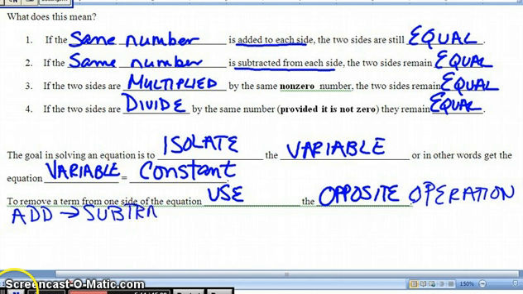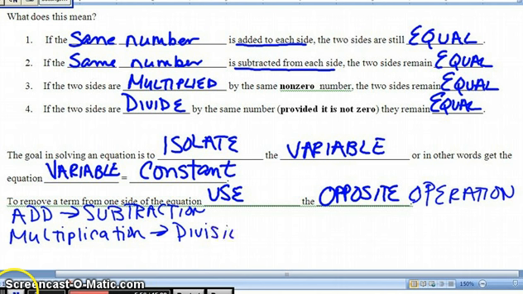The opposite operation of multiplication is division. And obviously, the opposite of subtraction is addition, and the opposite of division is multiplication.